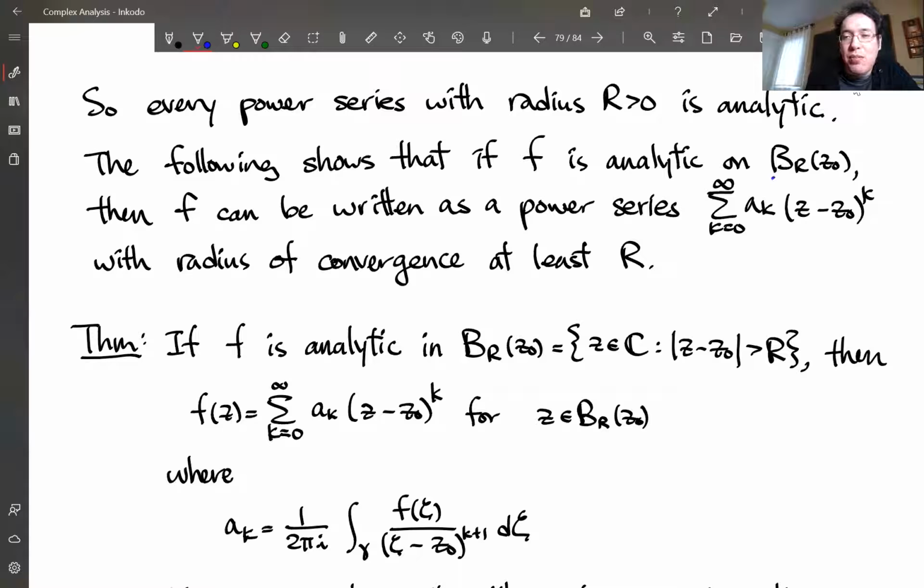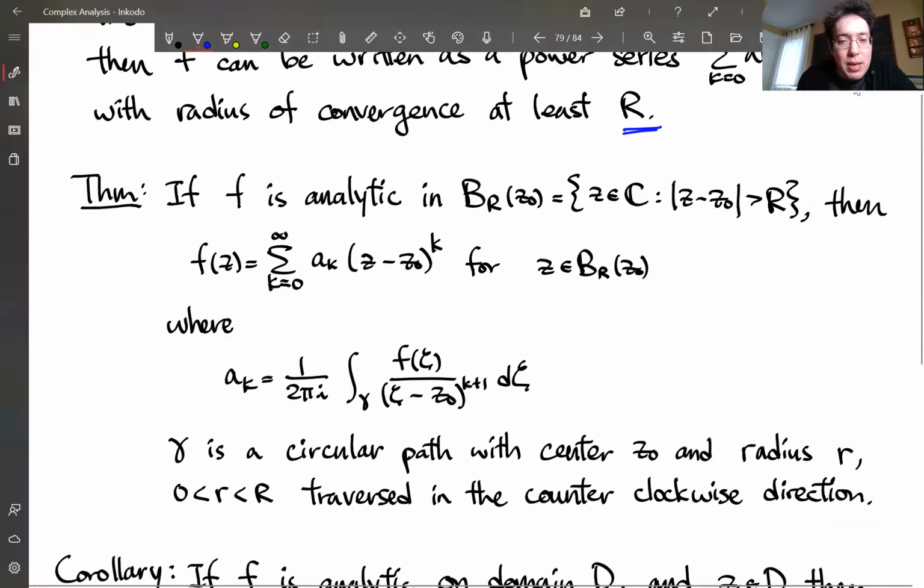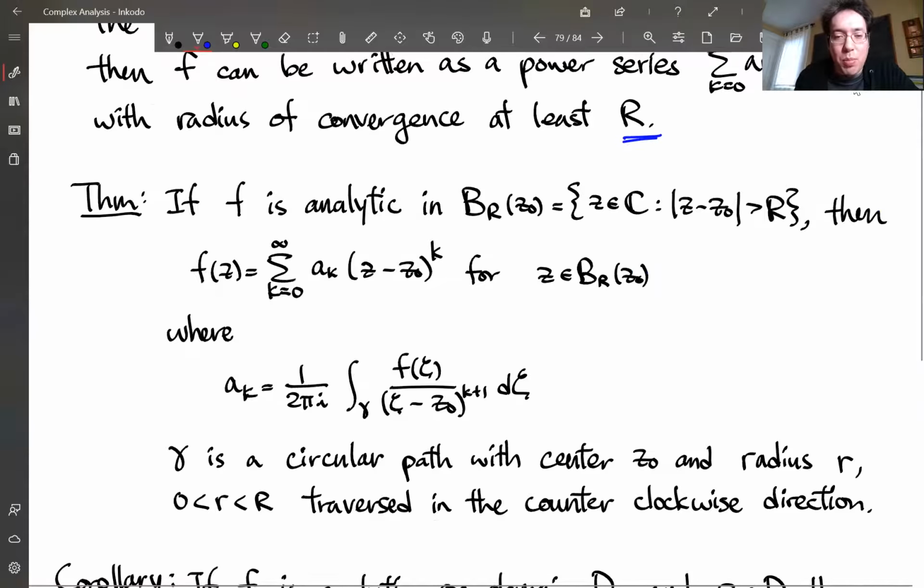So if you're analytic on some disk of radius r, centered at z naught, then you could show that the radius of convergence is at least that r. So it could be larger because maybe it's analytic in a bigger disk. But if you're analytic there, you're guaranteed to converge in that disk. Okay. So this is a more precise statement.